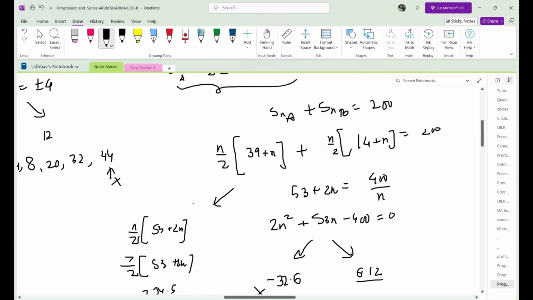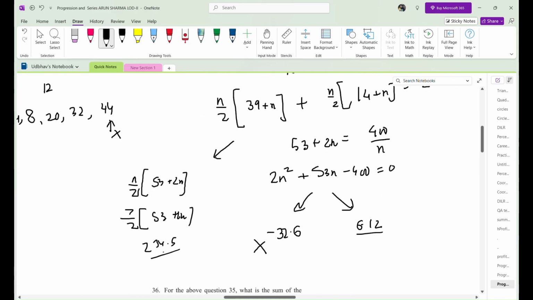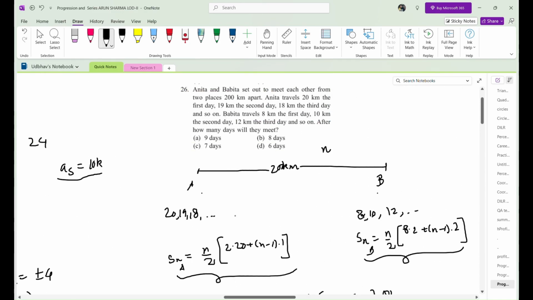We are not getting exactly 200, but we are getting more than that. So after how many days will they meet? After the 6th day has passed, they won't be meeting. They will still have 5 kilometers of journey left. So they will complete their 5 kilometers of journey on the 7th day. So the answer will be 7.